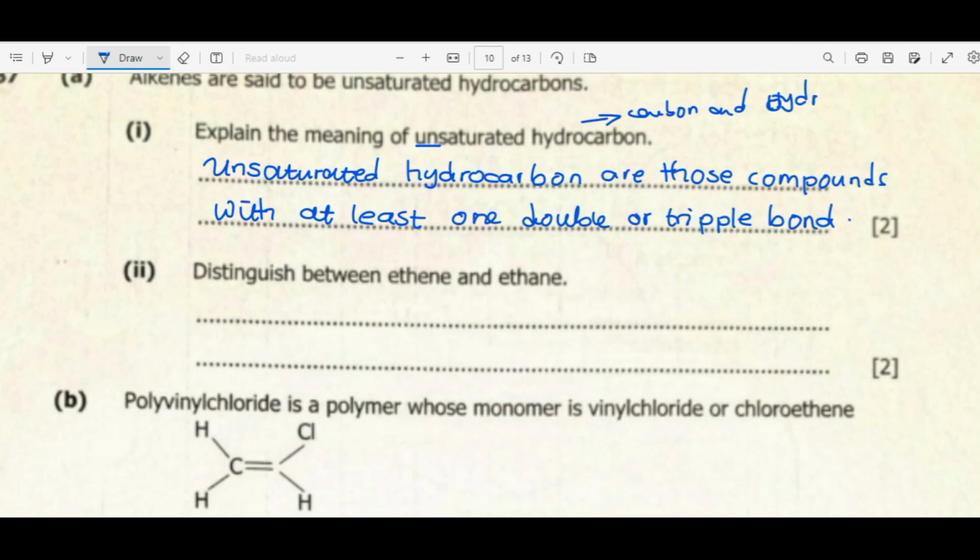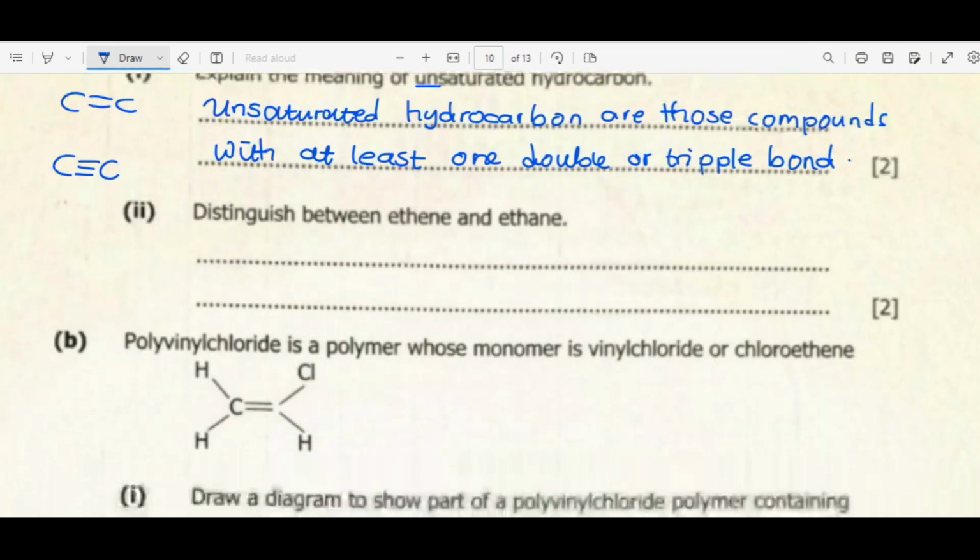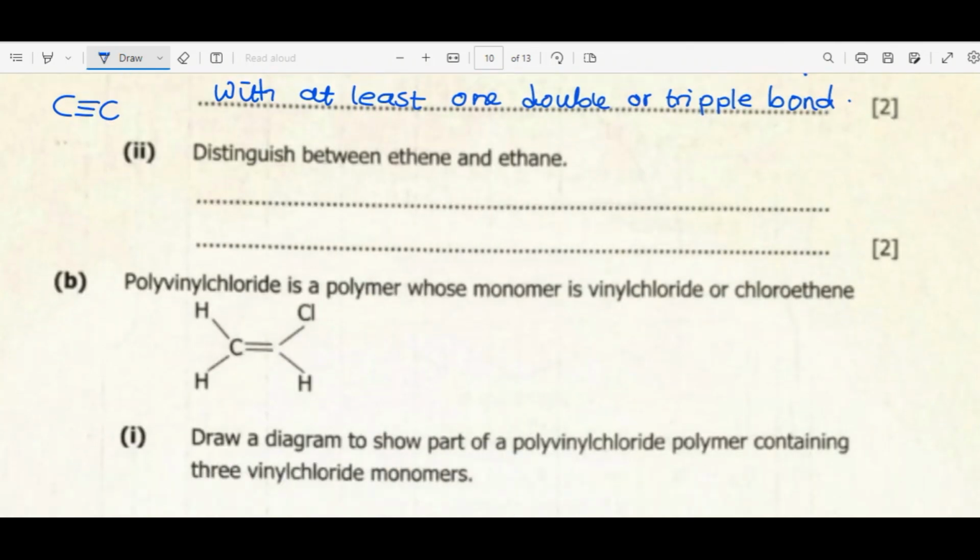So for example, if I have CC, this is unsaturated. If I have a triple, this is unsaturated. We move on to Roman number 2. Distinguish between ethene ending with ENA and ANA.